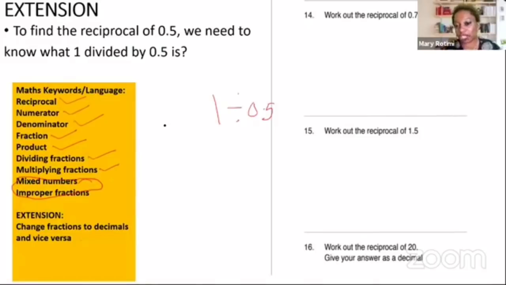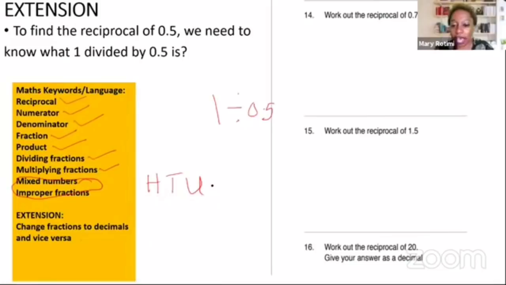So let's change this decimal into a fraction. When I was younger, I used to be taught something like this, and I'm going to show you quickly. Hundreds, tens, units. If you're from where I come from, we used to sing it as a rhyme, hundreds, tens, units.